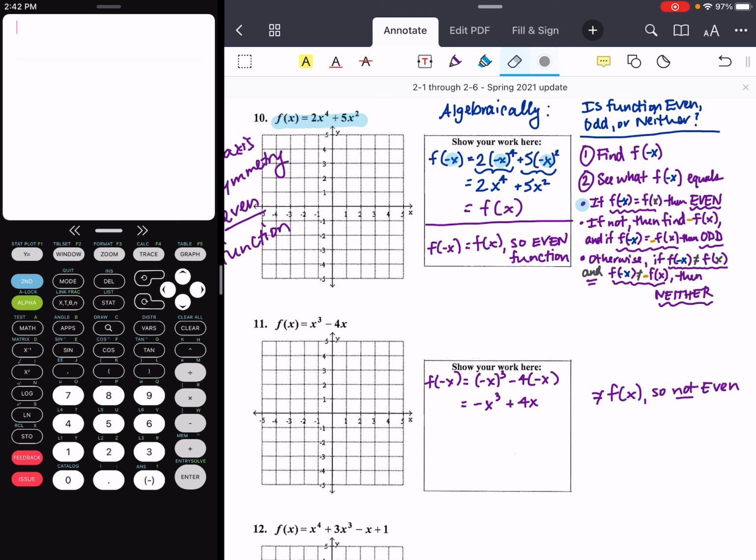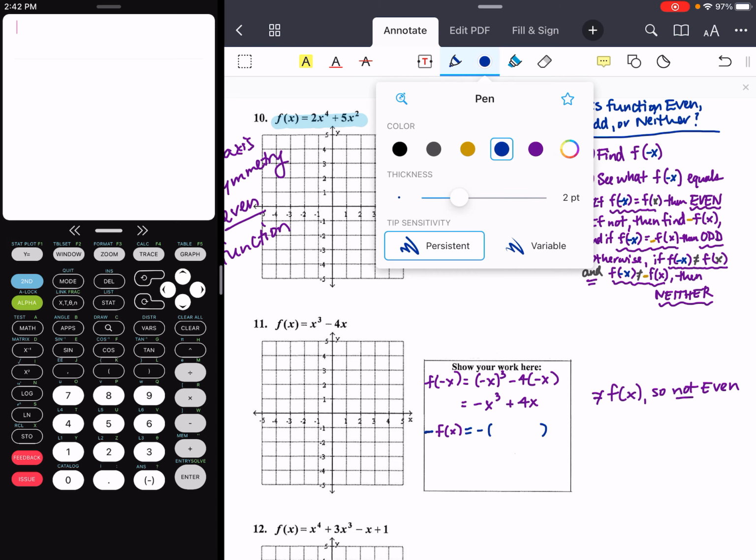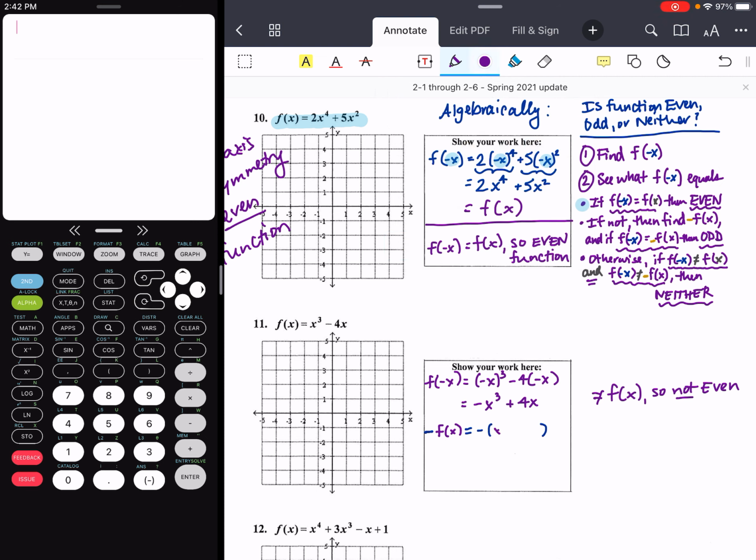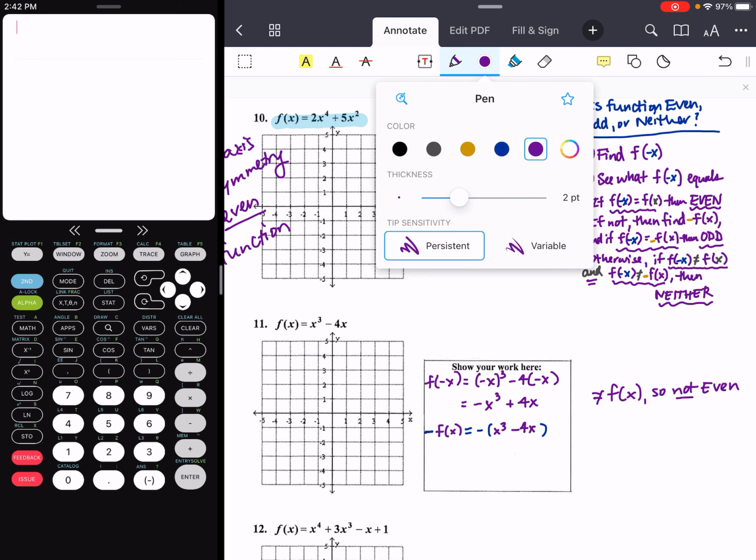Maybe I have an odd function. So to figure out if I have an odd function, now I'm going to take f of x, but I want to take negative f of x and see what that equals. So negative f of x would be the negative of my original function, so the negative of x cubed minus 4x.